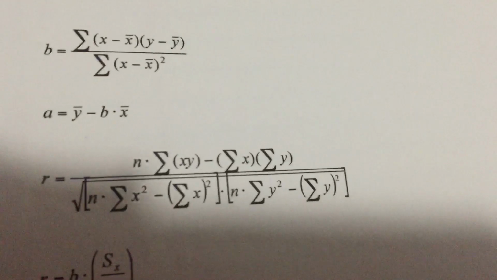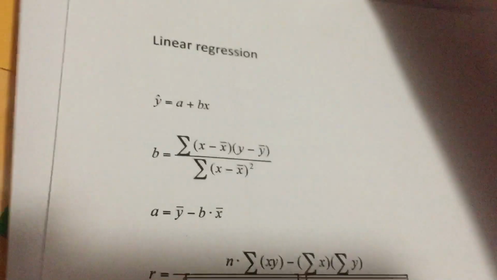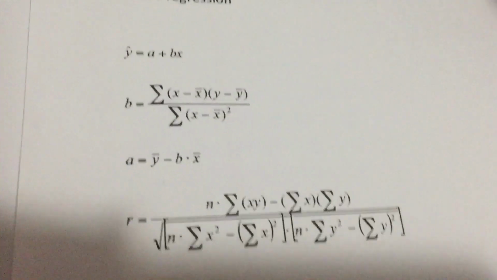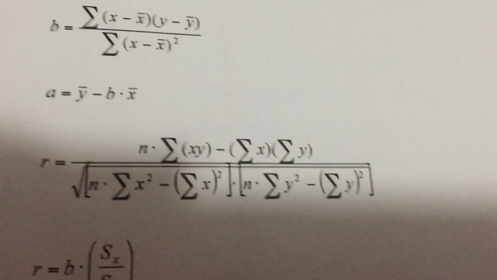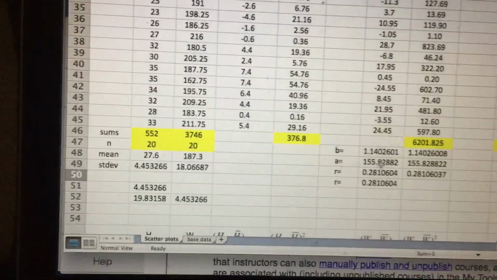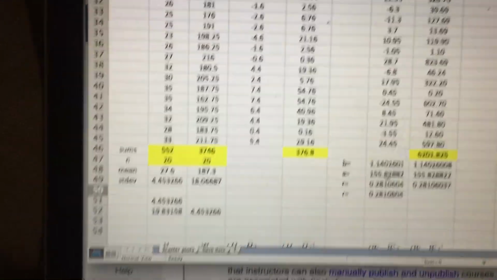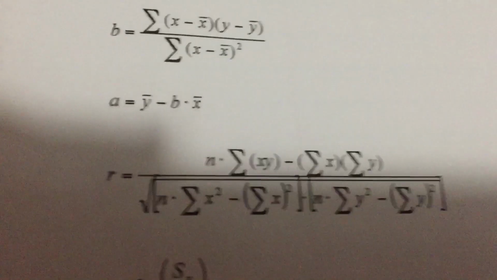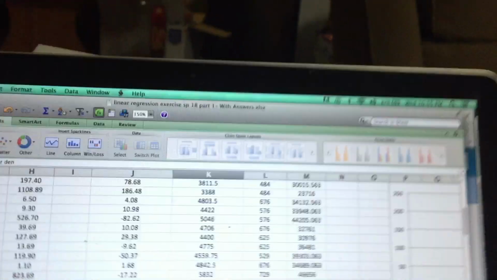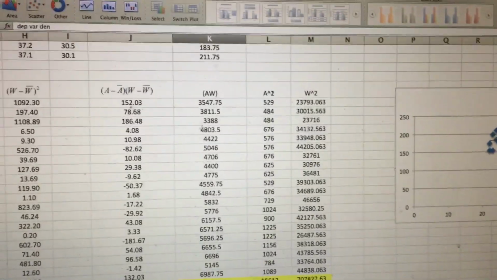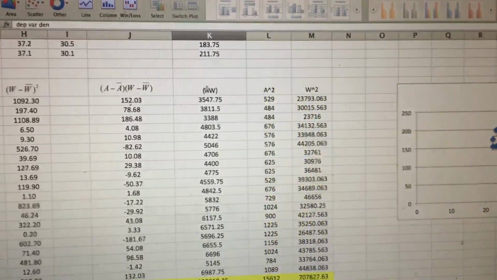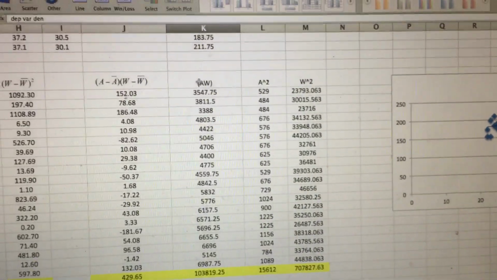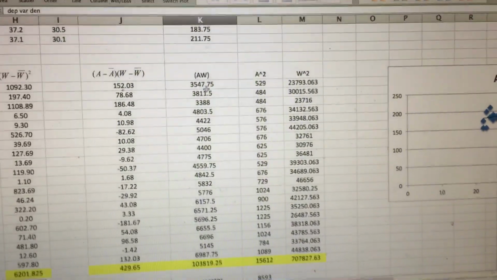We've got the count. What is the count? We're going to do this by paper first before we do it by computer. Okay, so what's the count? The count is 20. So we have 20 times the sum of xy. Okay, so we did the xy area, right? Xy here is our age times our weight, our independent times our dependent variable.